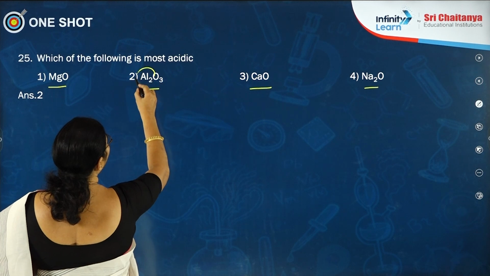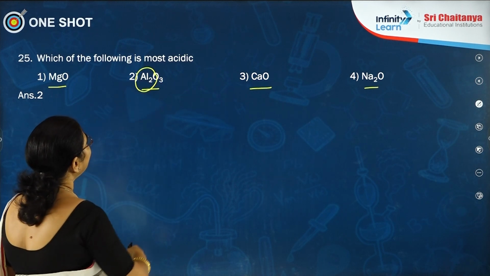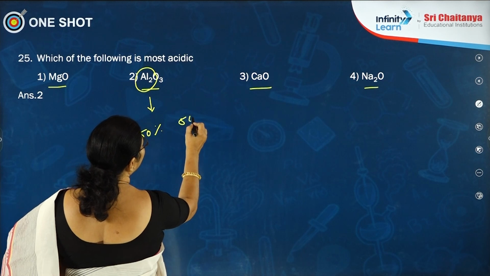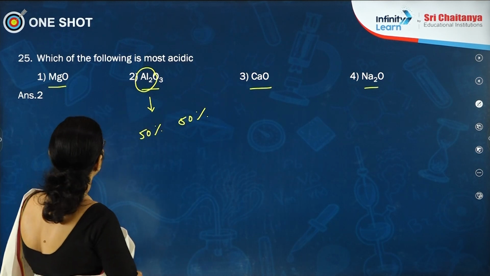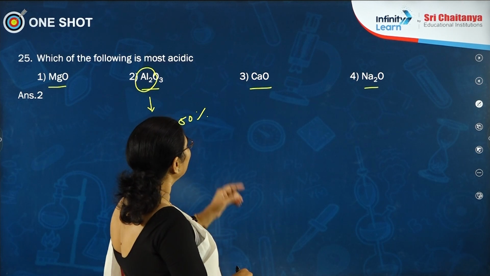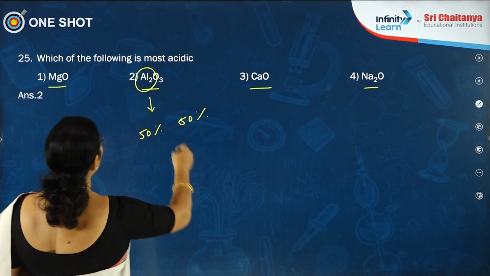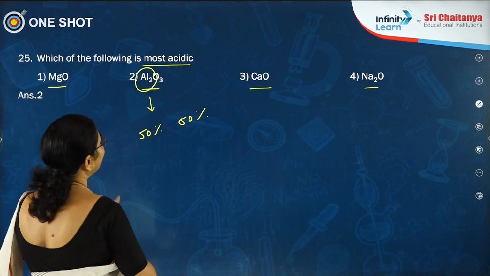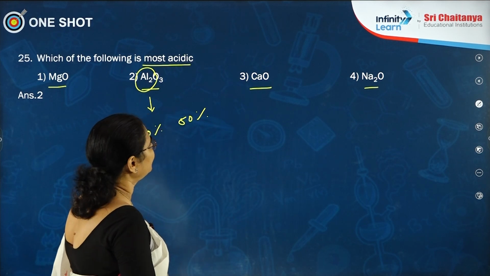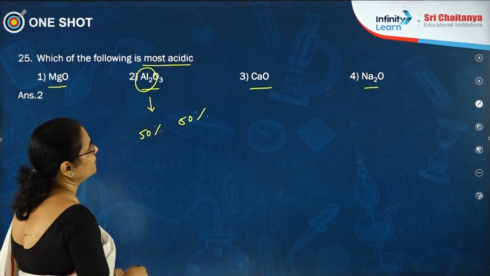But aluminum is amphoteric in nature. That is why its oxide has 50% acidic character and 50% basic character. Remaining all are true metals, meaning metallic nature is there, so they are all most basic. He is asking most acidic, so the one having only 50% basic character is more acidic. Others cannot act as acidic.